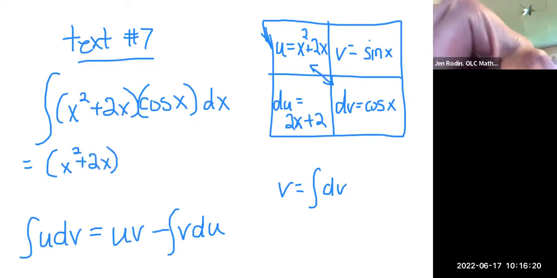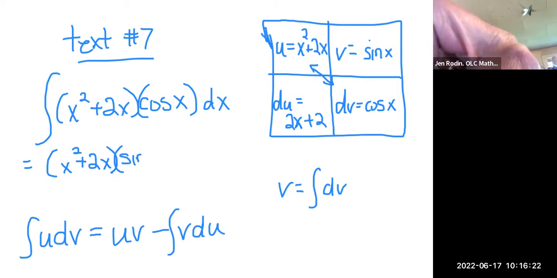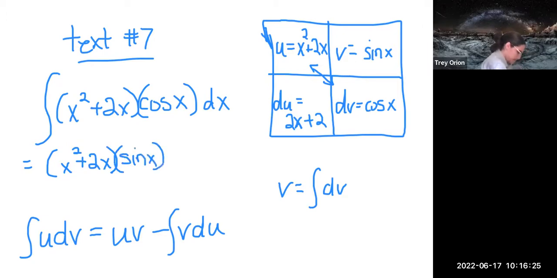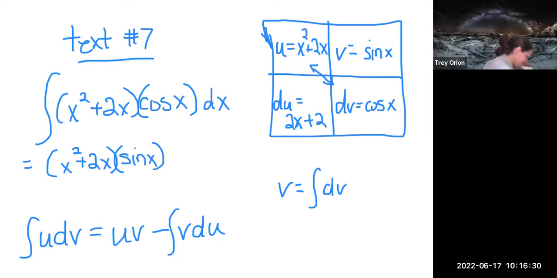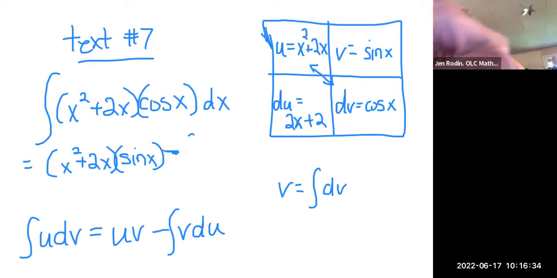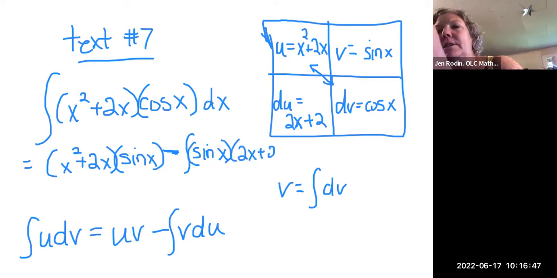If I'm doing these and I'm tired, I might make a typo with my marker, not when I'm teaching it, hopefully, but if I'm just playing around with them, I write the number backwards if I'm tired. So the v was sine x du. At first it looks like crap. I picked the wrong u. It's still awkward and messy, but not for long. It's just going to need a second level.